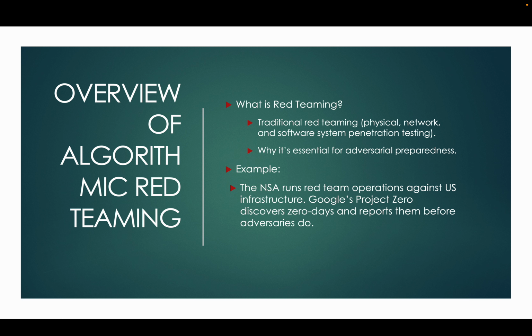systems, so it's specific. The differences are that algorithms are used as an attack surface and data as an attack vector. In algorithmic red teaming, we adapt this concept of AI systems that they're basically algorithms and data.